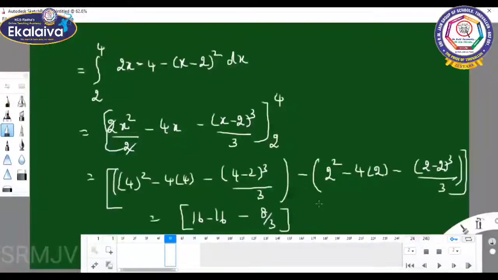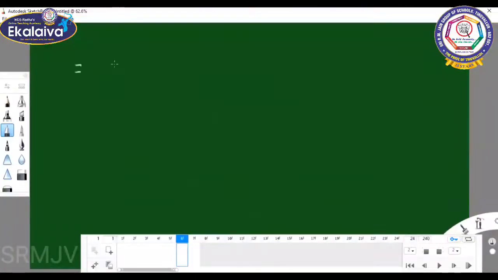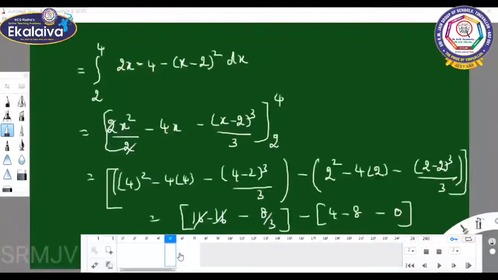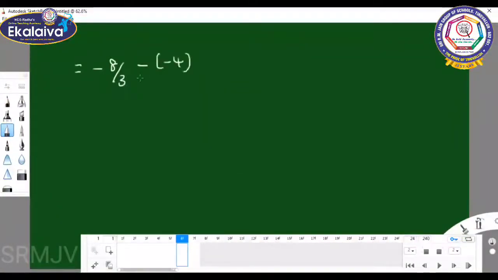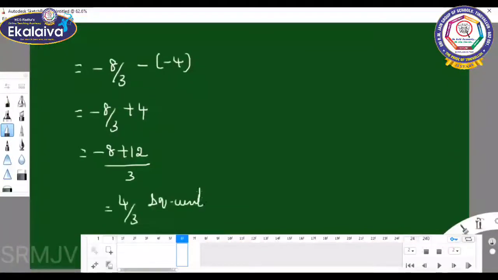And 2 minus 2 is 0. The 16s cancel. So the value is minus 8 by 3, minus of minus 4, so minus 8 by 3 plus 4, which is (minus 8 plus 12) by 3. It gives 4 by 3 square units.